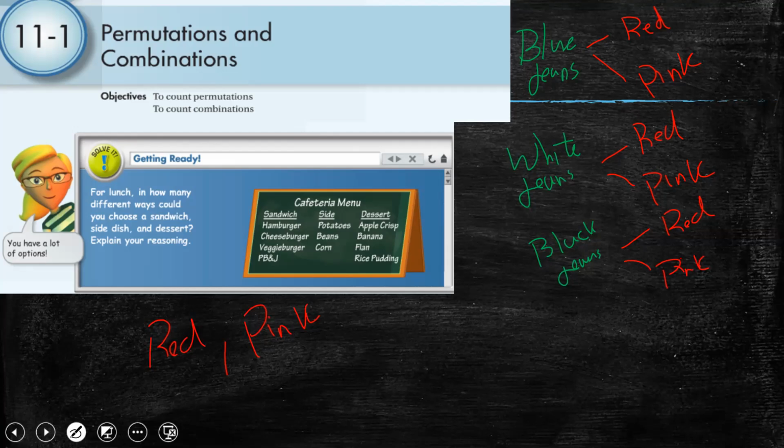So how many choices, how many ways do you have? Six. You wear blue jeans with the red t-shirt, which is the first choice.